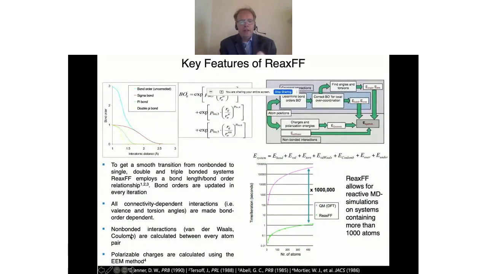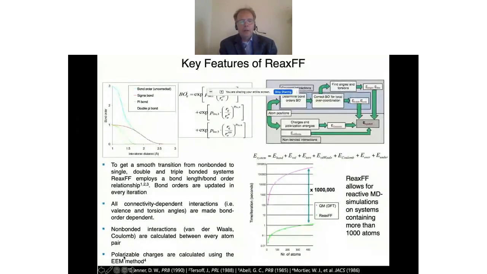So especially if you have a bond between atoms that have a very different electronegativity, you have a very significant Coulomb part, and even ionic bonds like sodium chloride are in ReaxFF almost exclusively based on Coulomb interactions. And so this then is combined with a polarizable charge distribution, mostly using still the EEM method.